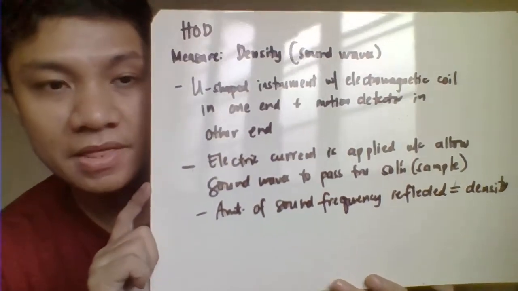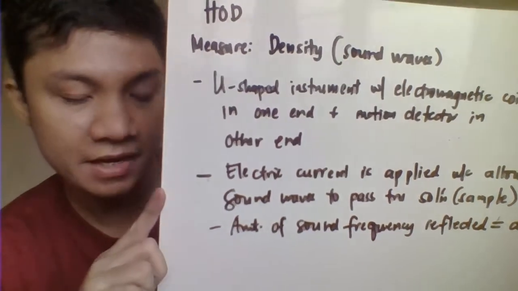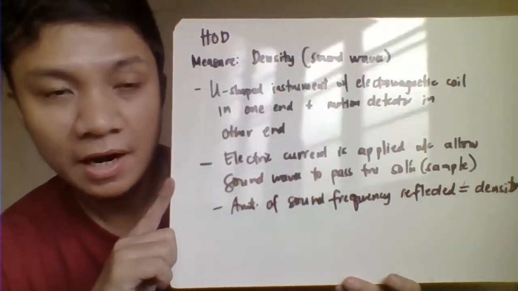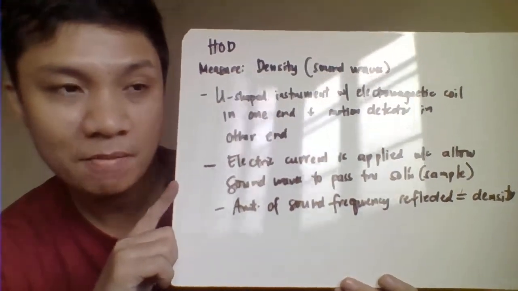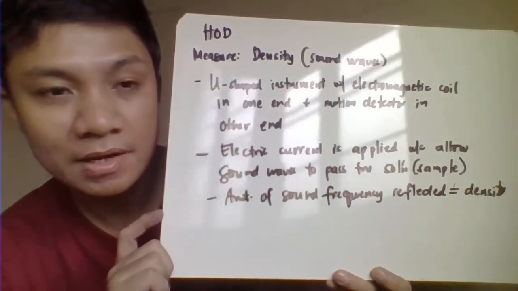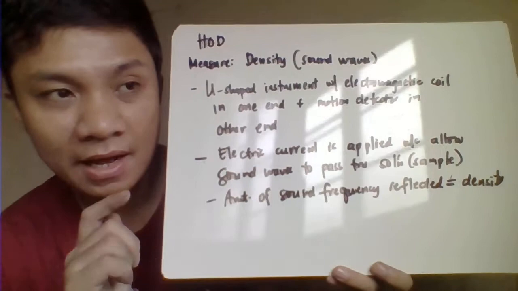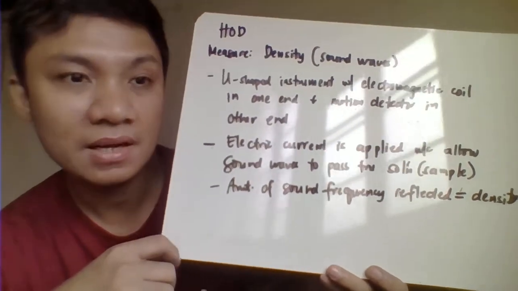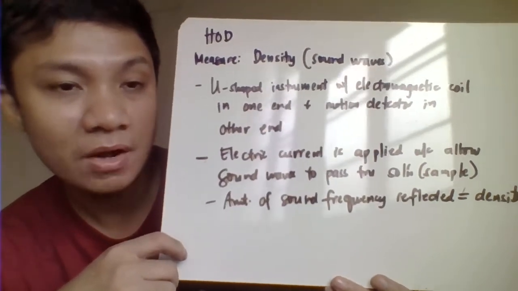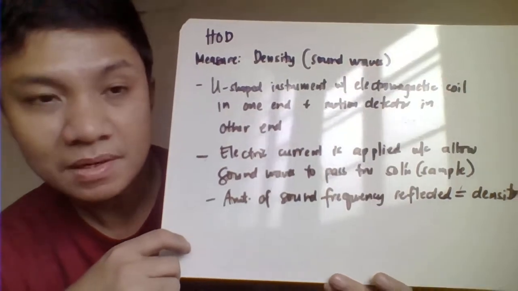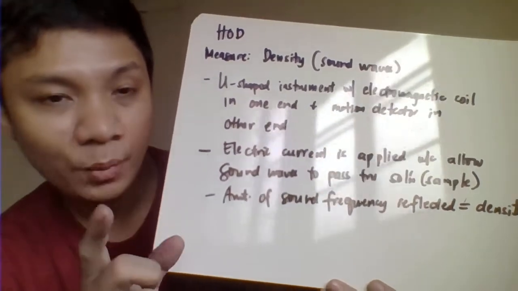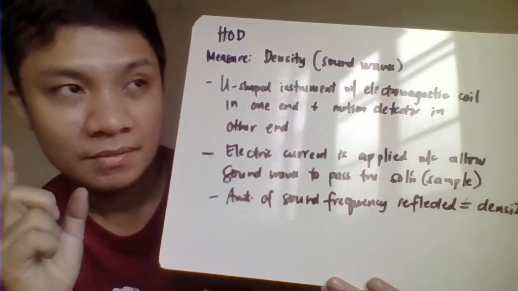Okay, another instrument here for measurement of your specific gravity, we have your harmonic oscillation densitometer. So this one tries to measure the specific gravity in terms of the density expressed in terms of the sound frequency of sound waves. So the instrument itself is a U shape where you could put on your urine.